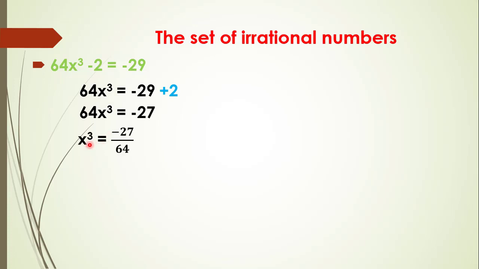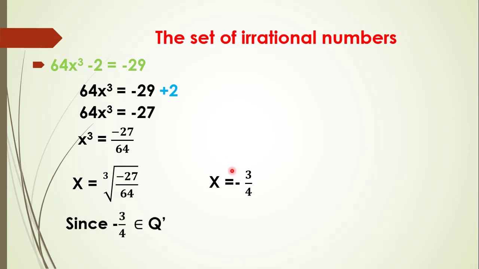It means that x to the power 3 equals negative 27 over 64. Now I have a cube power, so I'll use the cube root for both sides. It means that x equals the cube root of negative 27 over 64, which equals negative 3 over 4. But negative 3 over 4 doesn't belong to Q dash. It's a rational number. So the set of solutions will be the empty set.